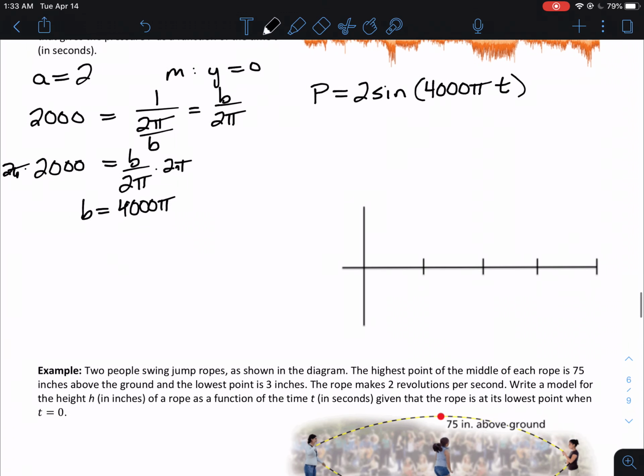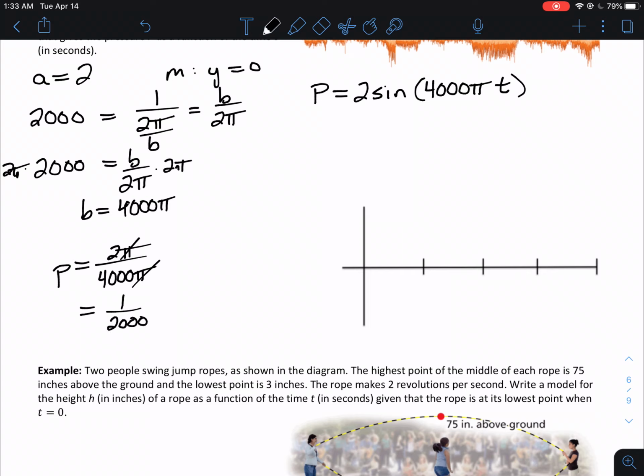So we're thinking about how that's going to work. We never did actually directly find our period. Let's go ahead and find that now. Our period, remember, was 2 pi divided by b, and b we found was 4,000 pi. Once we've simplified, pi divided by pi is 1, and then 2 divided by 4,000 is 1 over 2,000.